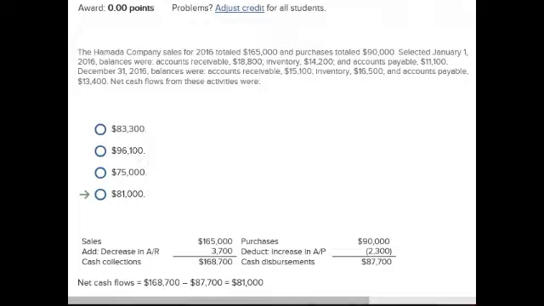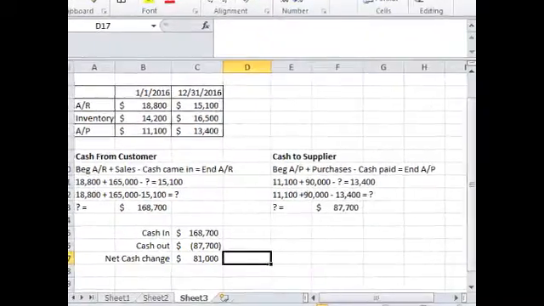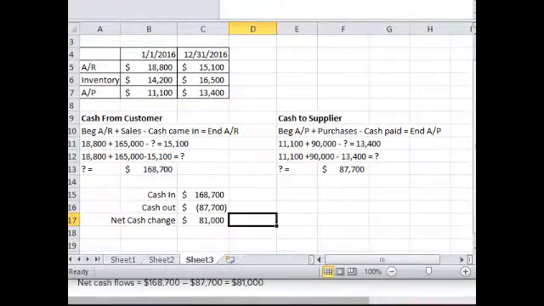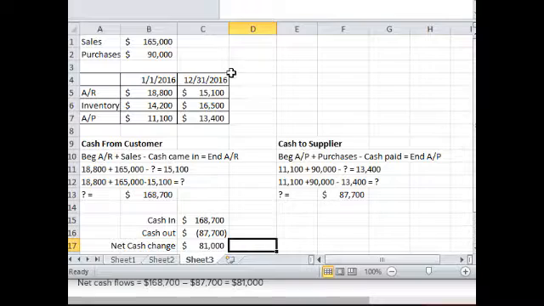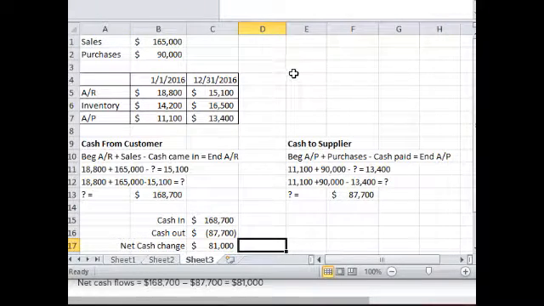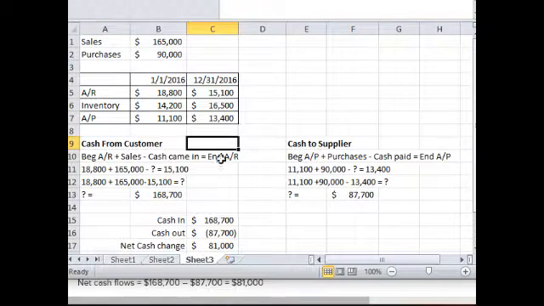For me, this is easy: I just make a summary because it's hard for me to just read like that. So I summarized it on this question. Basically, this is the information I got. It has sales, purchases, and it gave me three account balances of beginning and ending.